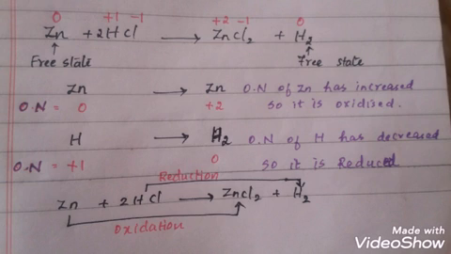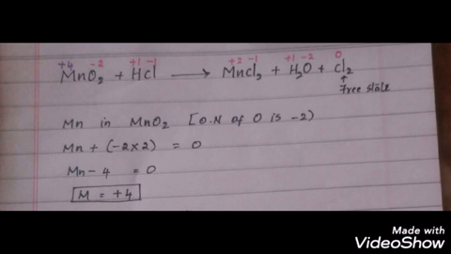For zinc chloride, chlorine is -1 and zinc is +2, because the subscript for chlorine is written as 2. It means that 2 belongs to zinc. So in this reaction, the oxidation number of zinc has increased from 0 to +2. So it is oxidized. In the same way, the oxidation number of hydrogen has decreased from +1 to 0. So it is said to be reduced. So this is a redox reaction.